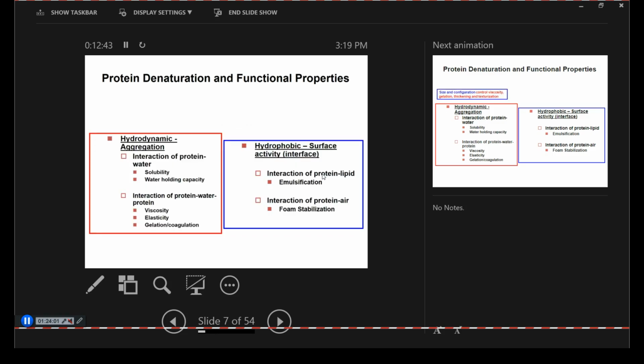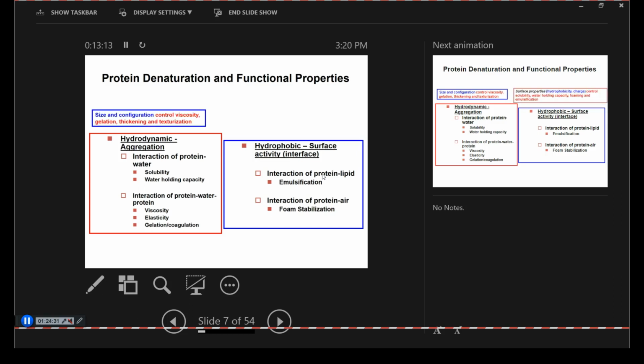So if I want to divide functional properties into two categories, there is the hydrodynamic category that has to do with protein aggregation and interaction with water, and the hydrophobic category that has to do with surface activity. That means the surface activity, whether it is for an emulsion or foam, and interaction with different phases based on the surface properties.